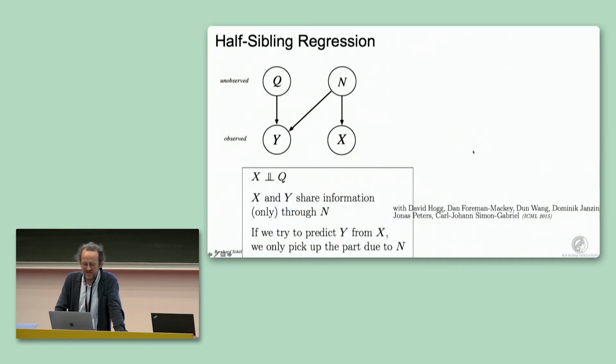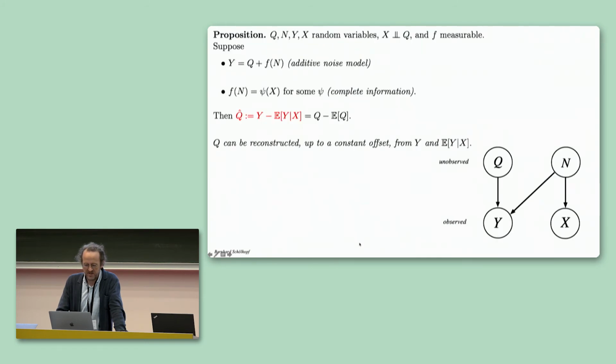And if we're willing to make some assumptions, in particular a certain type of additivity assumptions, then we can actually prove it. So we assume this so-called additive noise model, which is something that was studied a lot in causality over the last years. And we assume that in principle, all the information there is about the effect of the noise on the observation could be predicted from the other stars without knowing how.